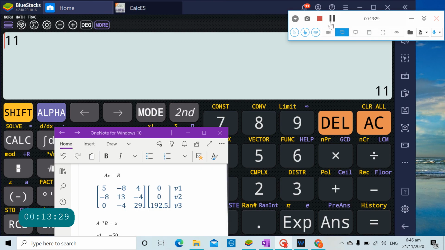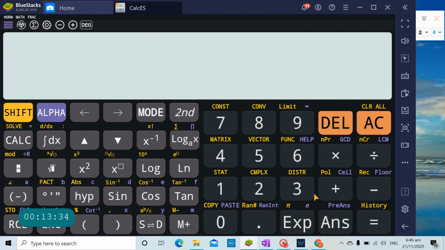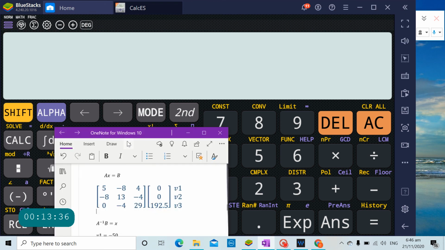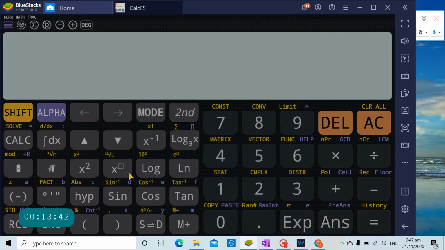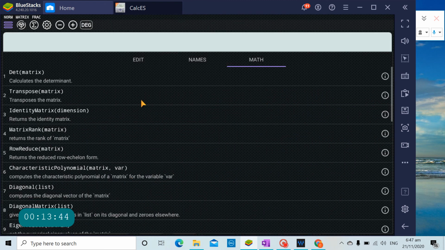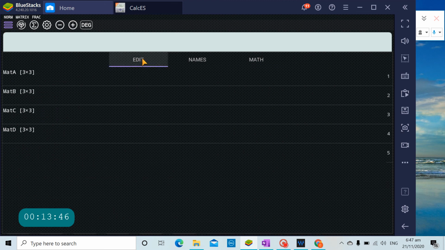So again, let's continue. First thing, you need to put your calculator into mode, and then the matrix calculation, and use the edit here, Mat A, 3 by 3.